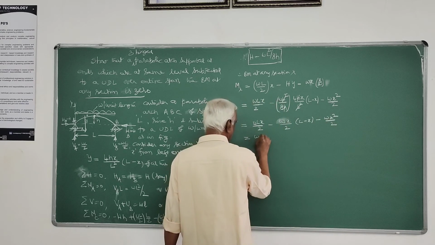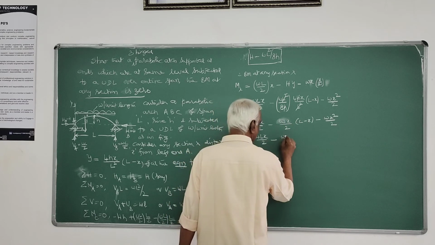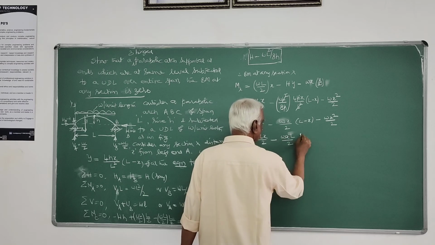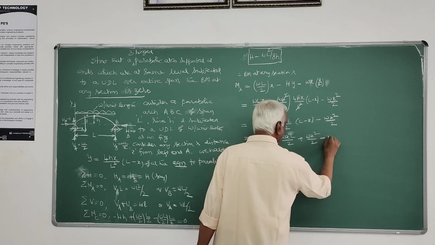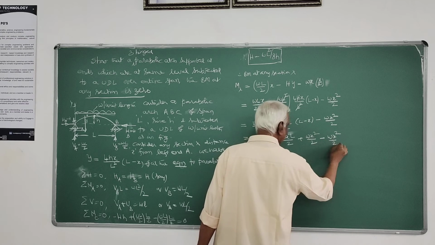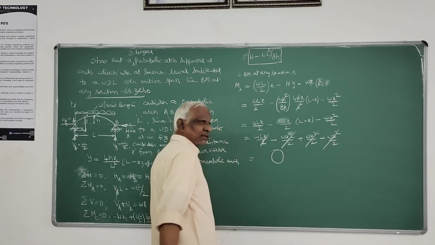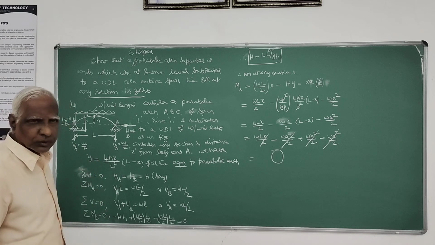Expand this: WLx by 2 plus WLx by 2... that is, WLx by 2 minus WX square by 2 minus WLx by 2 plus WX square by 2. Now you see Mx equals 0. So hence, what was required is proved.